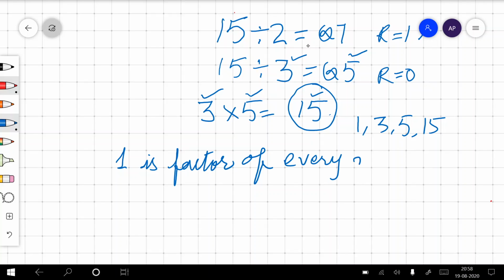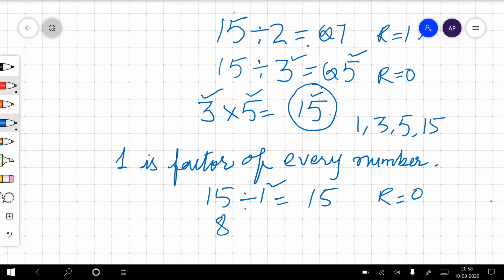You know, when you divide a number by 1, like 15 divided by 1 is equal to 15, the remainder will be 0. So it means 1 is a factor of 15. Again you take any number, 8. 8 divided by 1 is equal to 8 and the remainder is again 0. So 1 is a factor of 8 also.